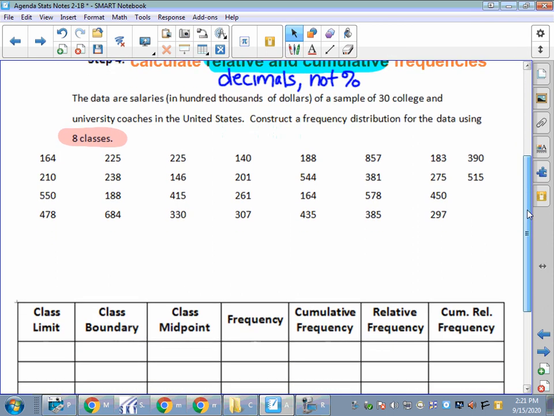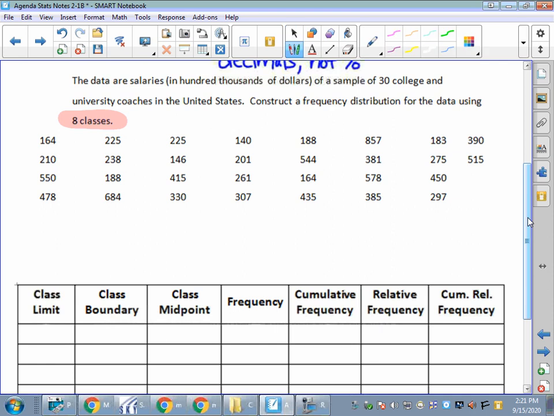All right, so first thing we need to do is range over n, and that equals our class width. So our range, it looks to me like the highest value is 857. Is that right? 857.